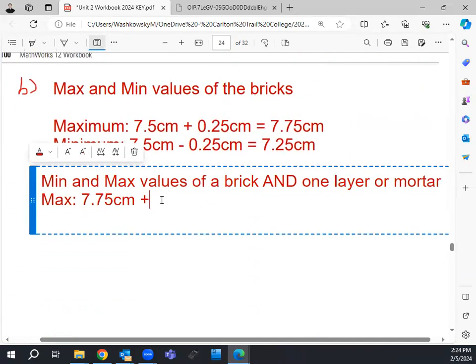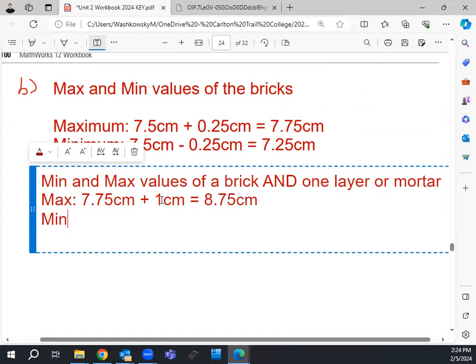So I'm just going to add up, if I put the most mortar and the biggest brick together, the biggest it's going to get is 8.75 centimeters, right? If I take the smallest brick and the least amount of mortar and I put that together, the smallest combination I can get is 8 centimeters, right?